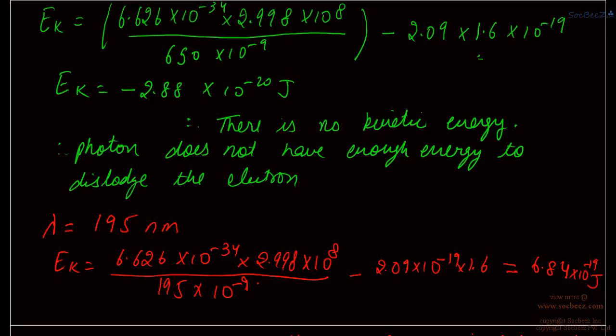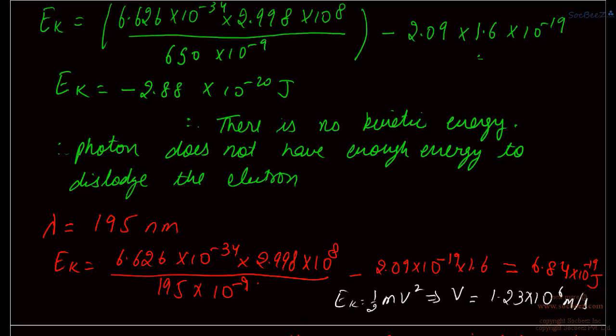So here the electron has been ejected because it has got some kinetic energy, and now the value of velocity, since Ek equals half mv square, we get the value of velocity as 1.23 into 10 raised to the power 6 meter per second.